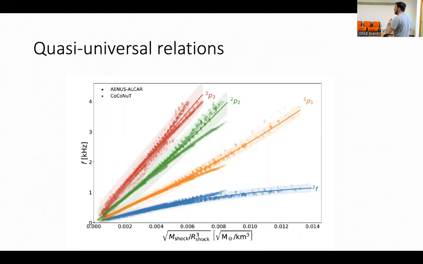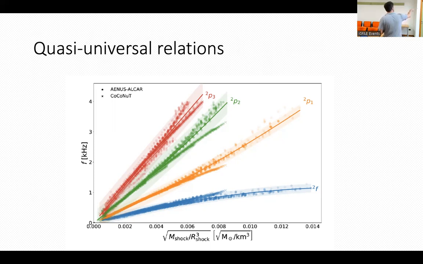We have similar behavior in frequency. Essentially, the F mode and the P modes fit quite well with this quantity, the square root of the mass over the radius cubed, which is the mean density inside the shock.